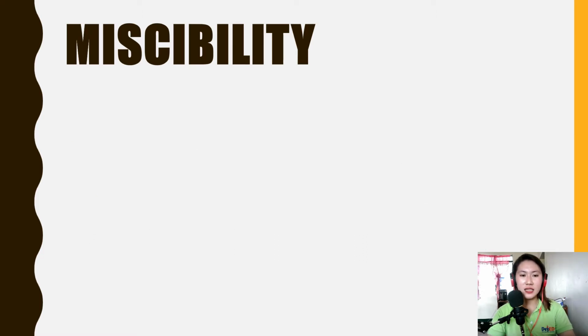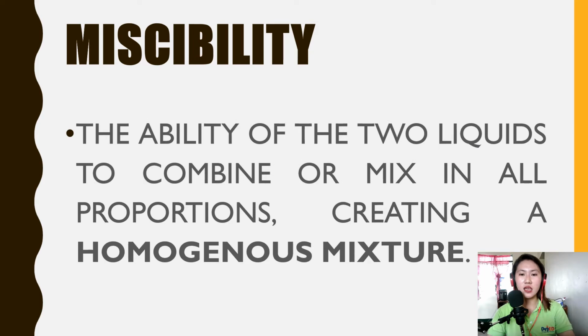Miscibility is the ability of two liquids to combine or mix in all proportion, creating a homogeneous mixture. A homogeneous mixture is one where the composition of the mixture is uniform all throughout. Okay?